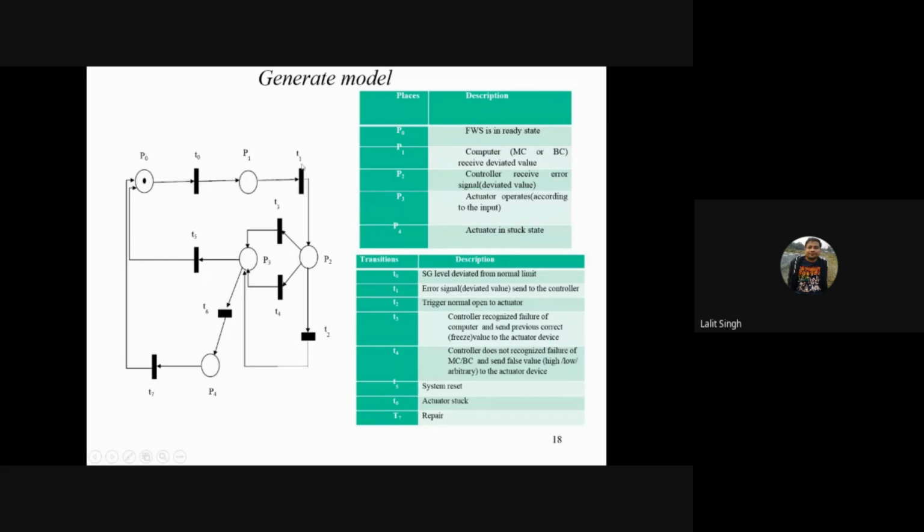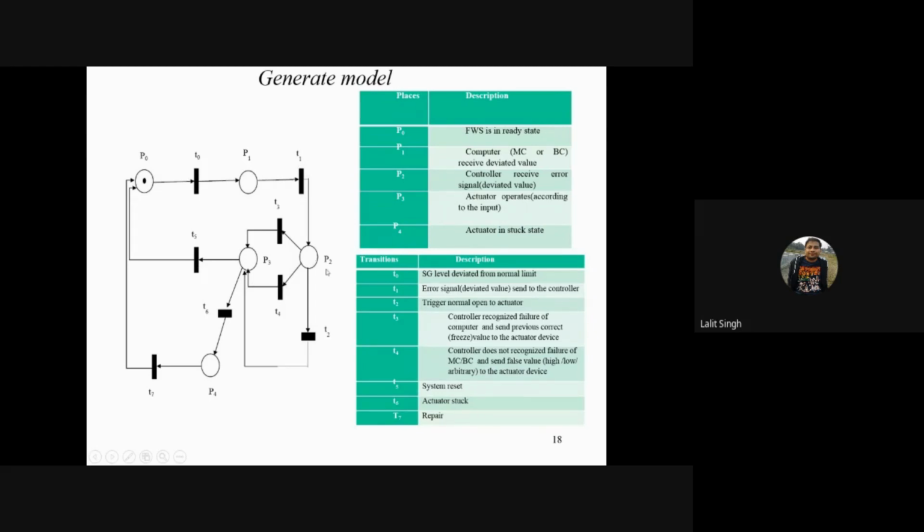And then this error value or this deviated value has to be communicated to the controller, because the controller has to actuate the feed valve accordingly. So this deviated value will be sent to the controller, which is shown by T1, by triggering T1.